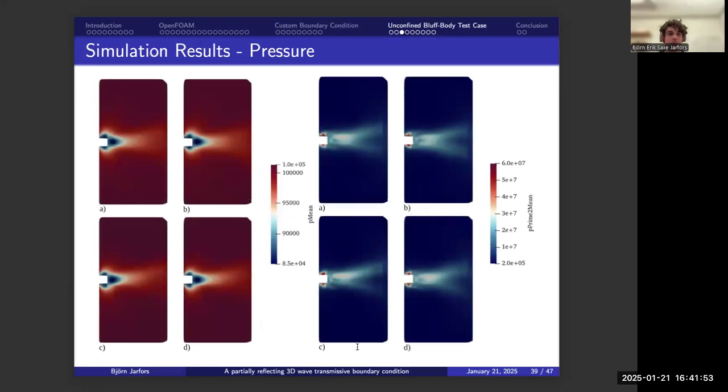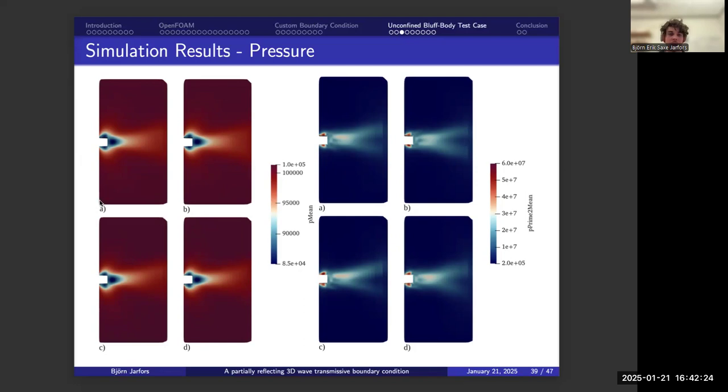And if we look at, so all of the results I will be presenting in the first part here are the mean values to the left and the prime to mean values to the right. And the prime to mean values is just the mean fluctuations, which is squared. And what we can see here is that the pressure field is actually very similar for all of the cases.